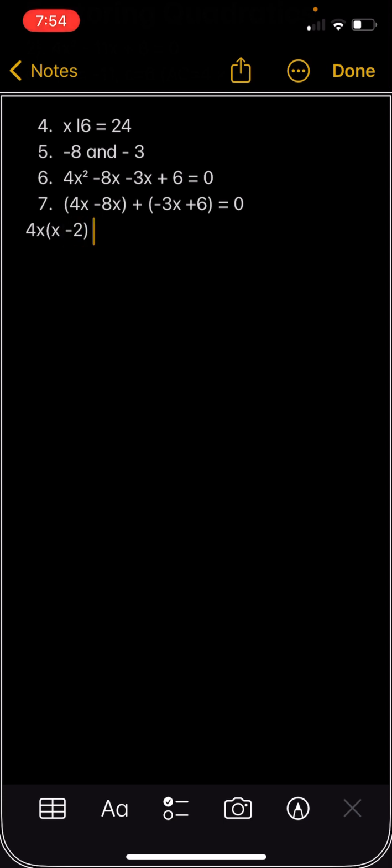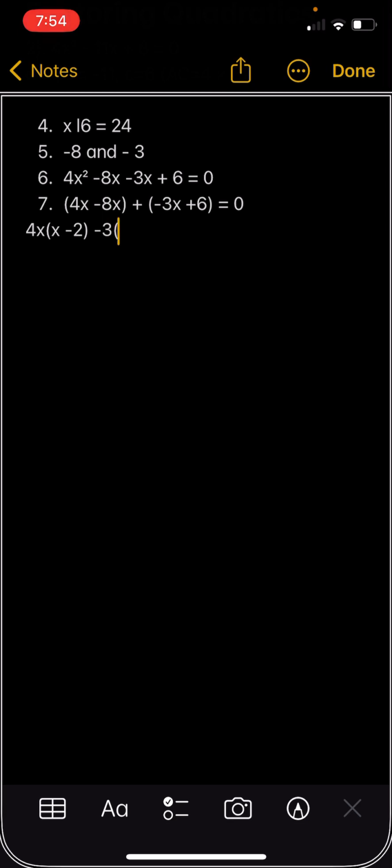Now we can go to the second bracket. We have negative 3x and positive 6. We have to be very careful with what we use to factor this bracket though, because we want the contents of the two brackets to be identical. And the only way that will be so is if we use a negative 3 as our GCF for the second bracket.